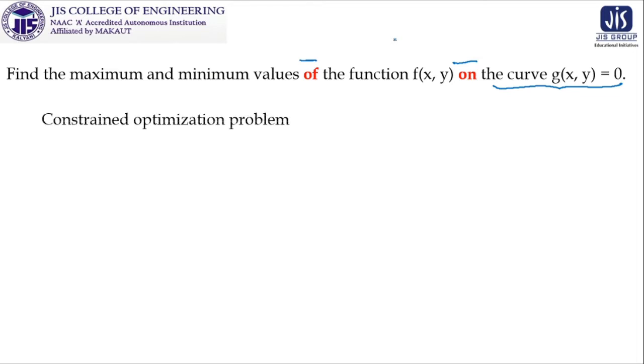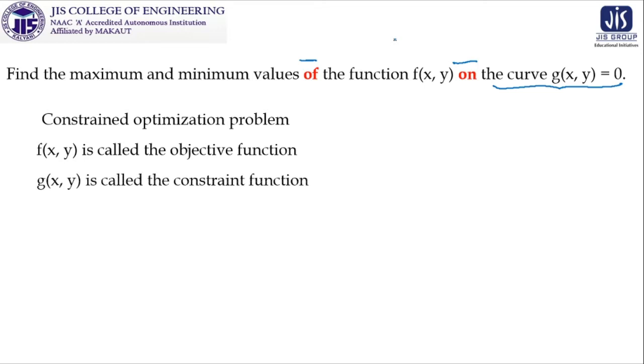Now it comes under constrained optimization problem, because we have to optimize the value in the context of maxima or minima. Here f(x,y) is called the objective function, the function which we are trying to optimize, and g(x,y) is called the constraint function, which restricts us from doing it freely.